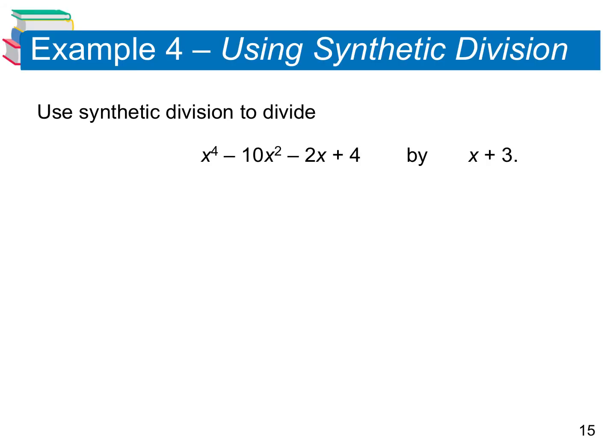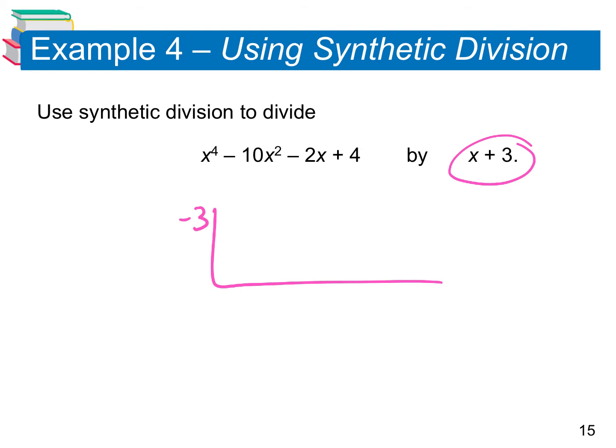So the next page. It says use synthetic division to divide. So we're dividing x to the 4th power minus 10x squared minus 2x plus 4. So what's the number on the outside going to be? Negative 3. So you always have to change that number that goes on the outside. Inside the box, we put all of our coefficients of our polynomial.